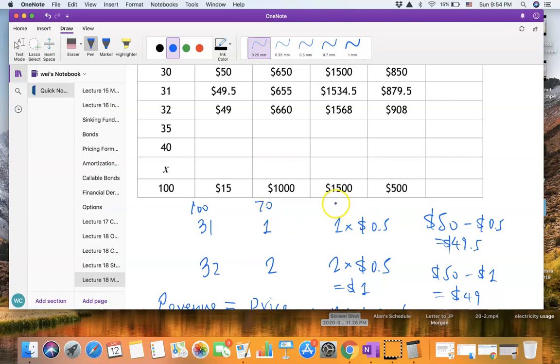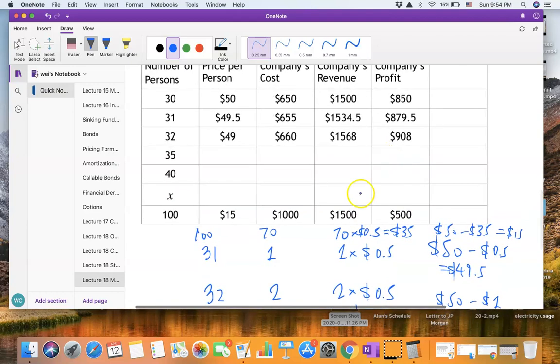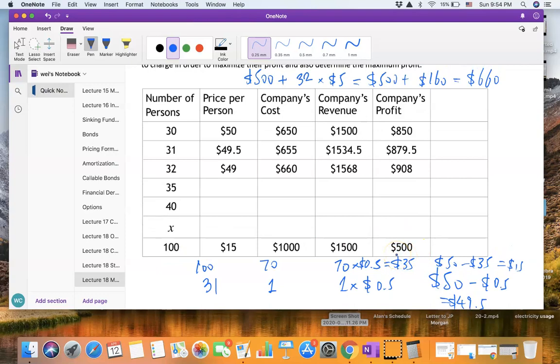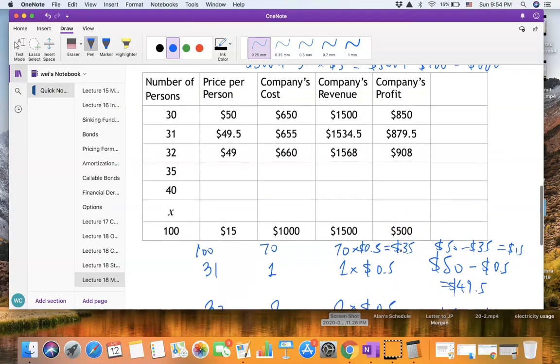So the discount right now is 70 times 50 cents, which is $35. And that's why the price is only $15. At this moment, you can see the company's profit is only $500, right?